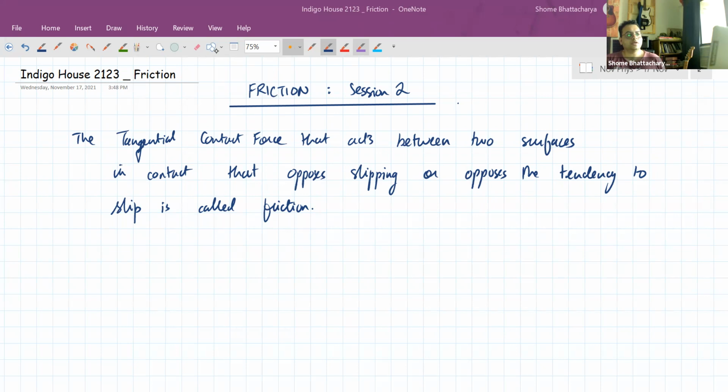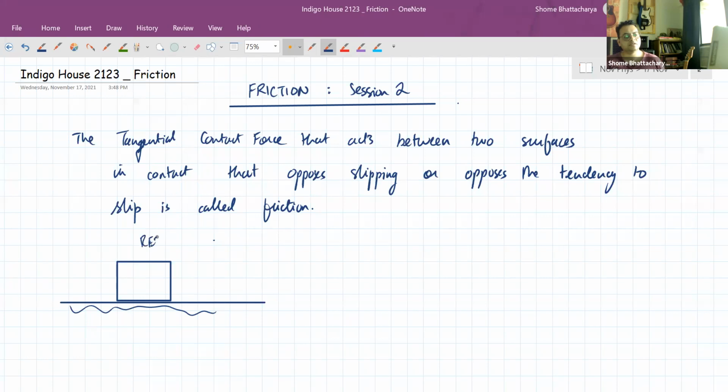Okay, so there are two kinds of situations in which friction acts. For example, if we are applying force on a body, but we are not able to move the body, there's a tendency to slip, but friction is opposing that tendency to slip. So that kind of situation is happening.